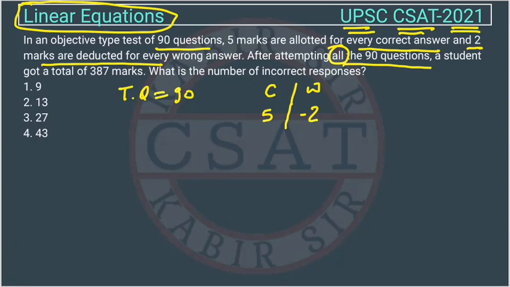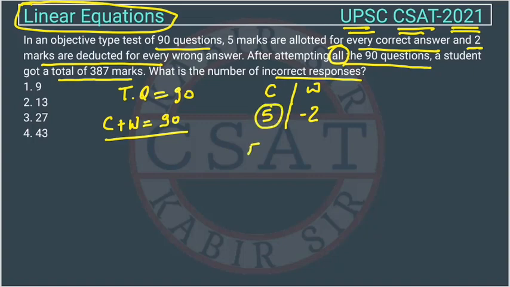A student got a total of 387 marks, right? So what is the number of incorrect responses? Right. So correct plus wrong will be equal to 90, because the total questions are 90. So for every correct answer there are 5 marks, so the total marks will be 5C. But out of these 5C there are few negatives.